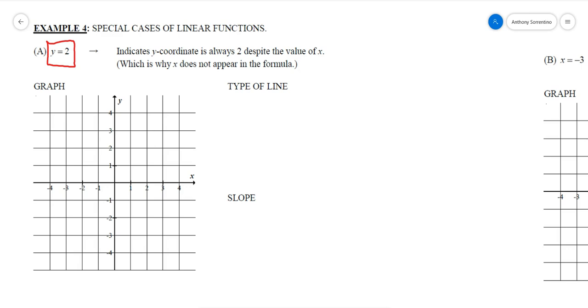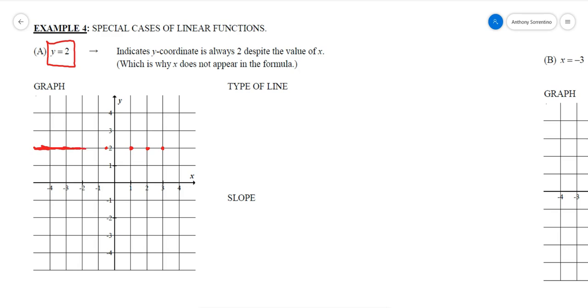Y will stay 2 no matter what x is. So if x is 1, y is 2. If x is 2, y is 2. If x is 3, y is 2. If x is negative 1.5, y is 2. So no matter what x value it would take on, the y value would always be 2.